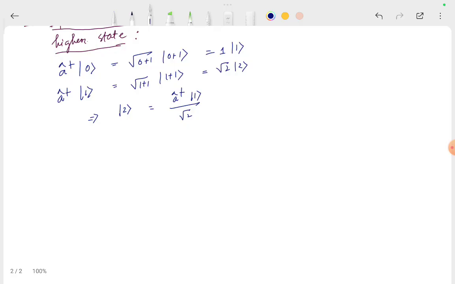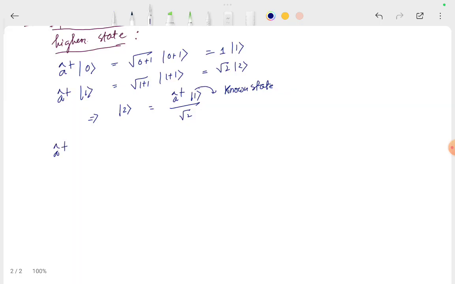So if we know the lower state, this known state, then we can easily find the higher order state by applying raising operators. Just remember this concept.